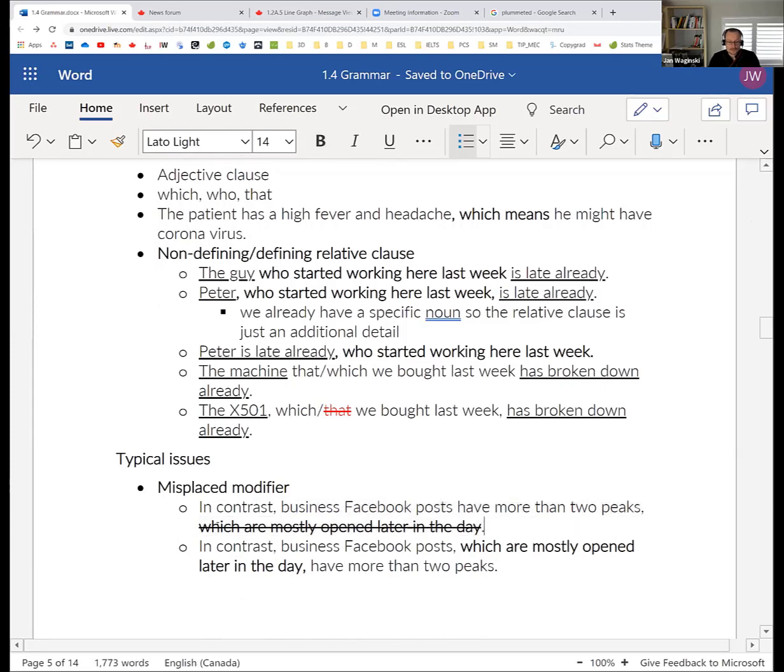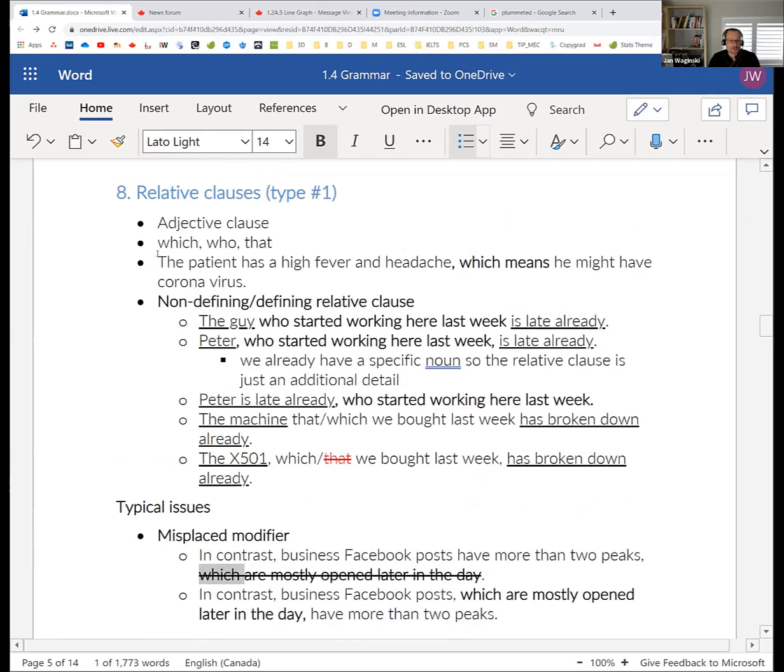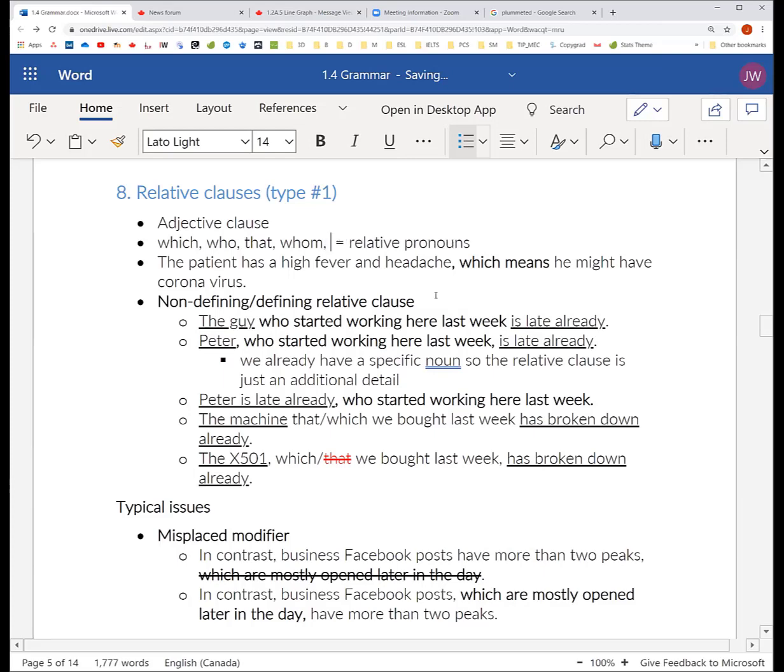So what is which? In relative clauses, these words who, which, and that are called relative pronouns. Only these three: which, who, that. Whom, I think, also whom, sometimes where.